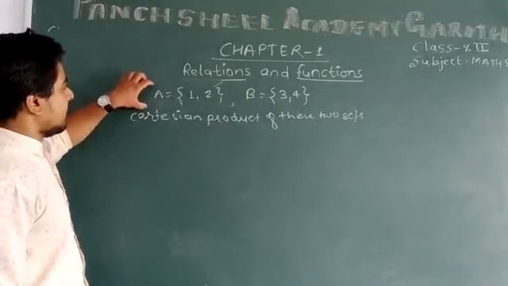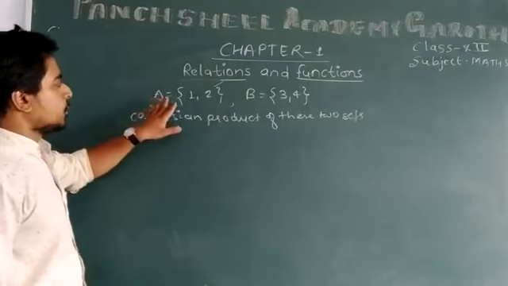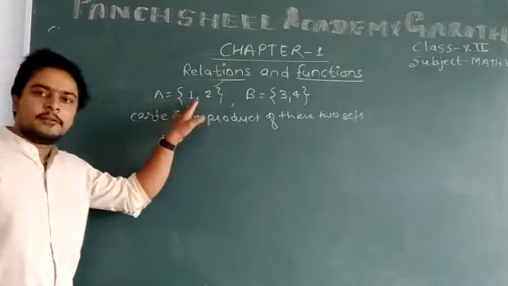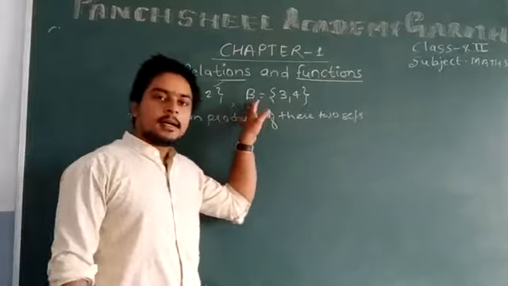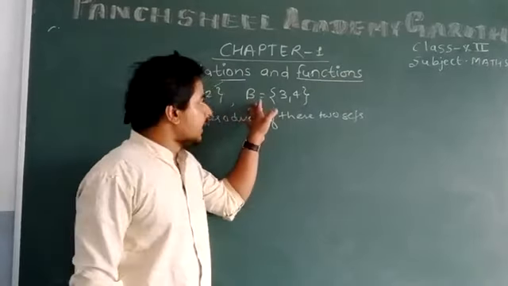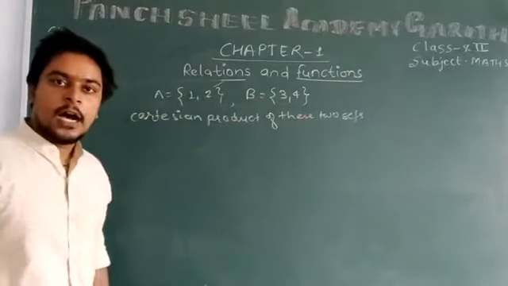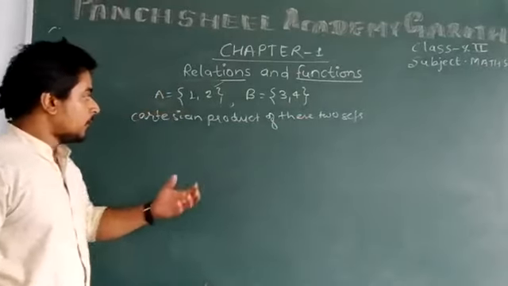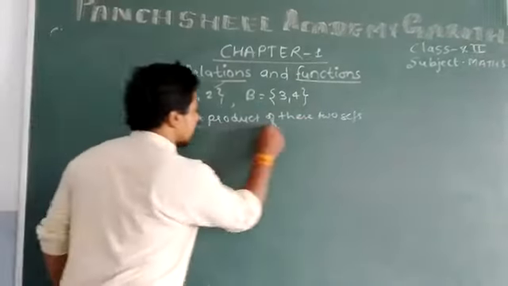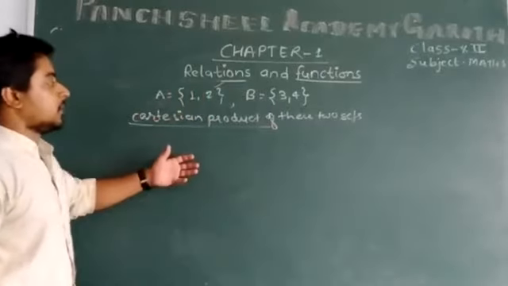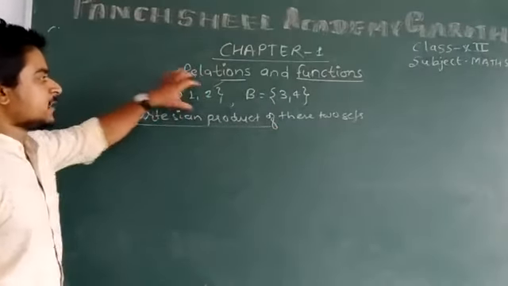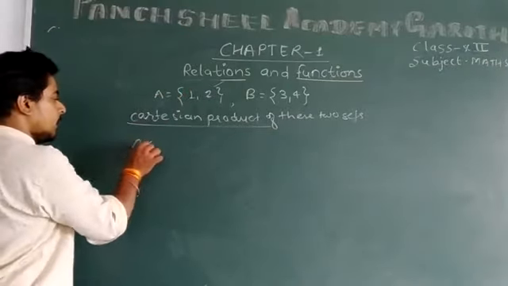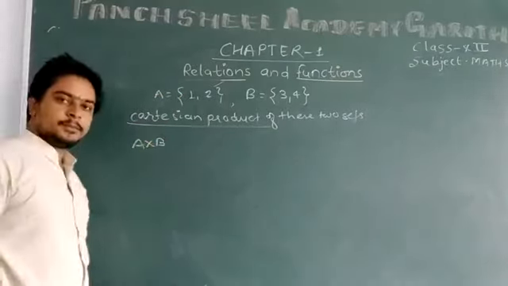In the example, we have taken two sets A and B, where A contains the two elements 1 and 2, whereas the other set B contains the elements 3 and 4. However, they may be the same or may be different. But how can we represent the Cartesian product?